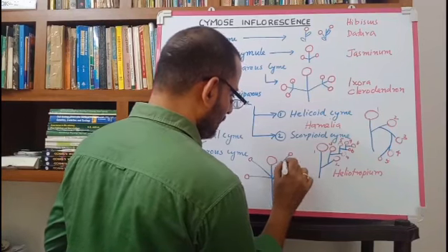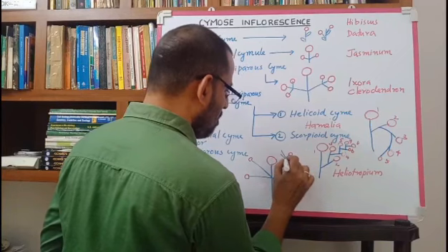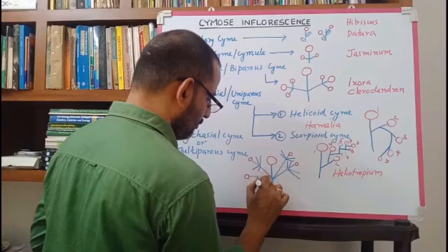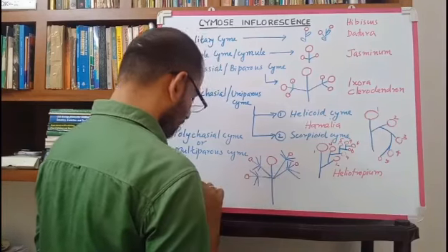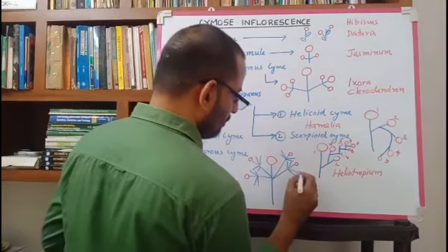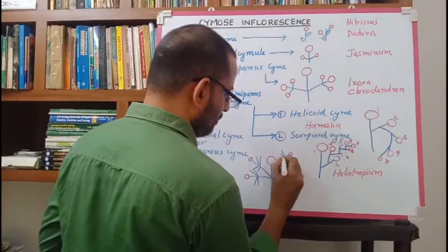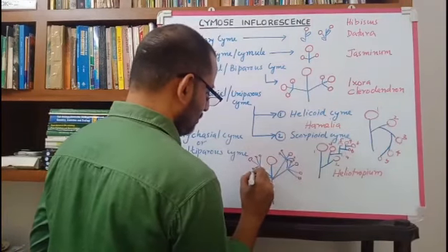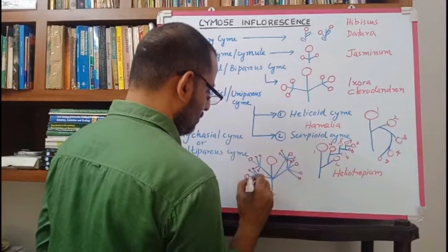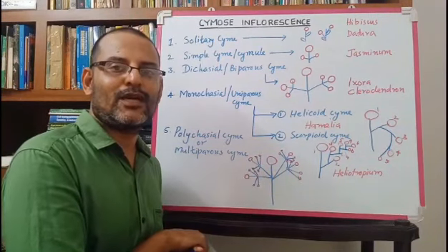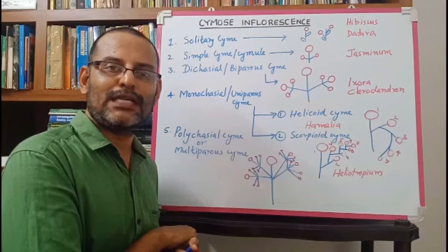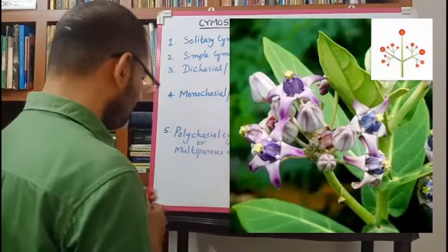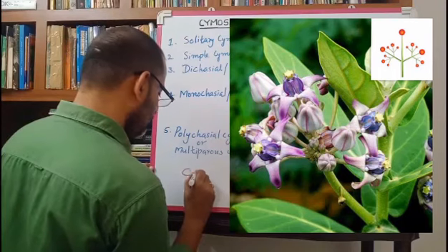Two or three tertiary laterals are formed like this. So this type of inflorescence is known as a polychasial cyme or multiparous cyme. This is seen in Calotropis.